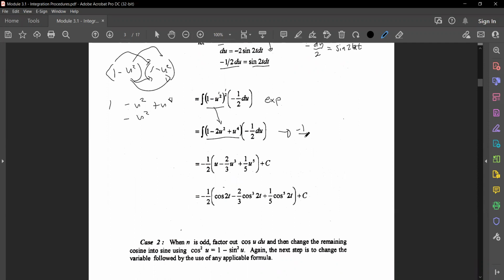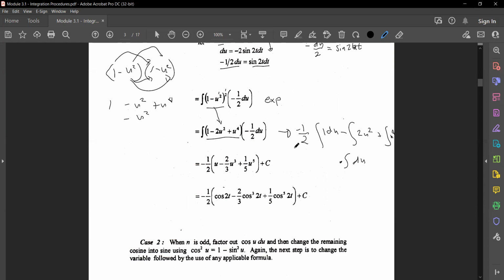So that is negative 1/2, integral of 1 du minus integral of 2u squared, or ito na yung negative sign natin. Okay, so minus integral of 2u squared plus integral of u raised to 4. Yan. Multiplied by integral of, nilabas na natin to, so meaning du na lang, integral of du.